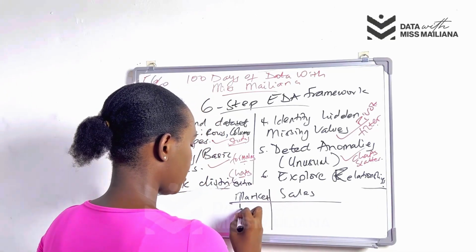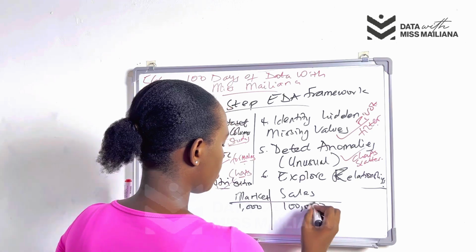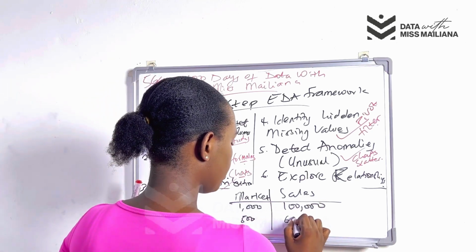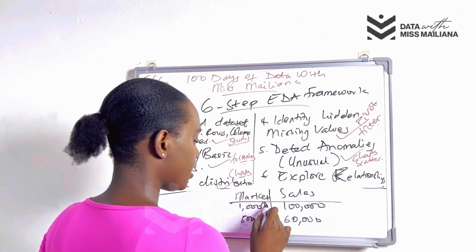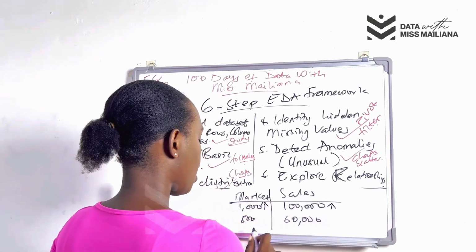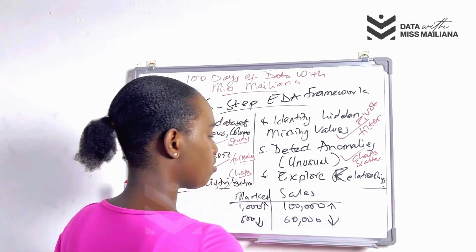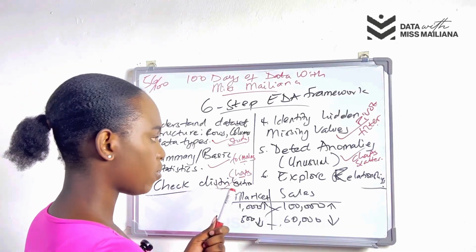So we spent maybe 1,000 and we made 100,000. We spent 500 and we made about 60,000, right? So does that mean the higher the marketing, the higher the sales? The lower the marketing, the lower the sales? You are finding a relationship between them. All right, so that's what this means.